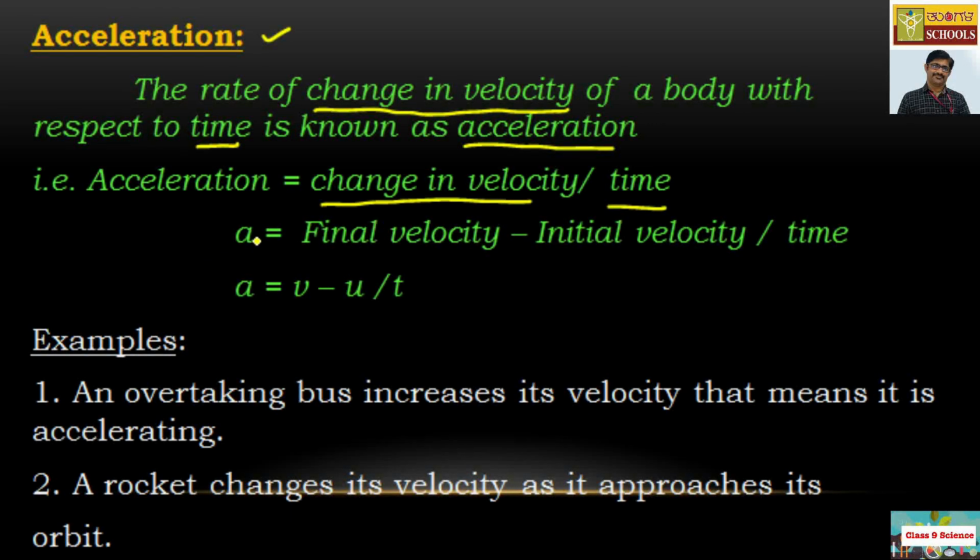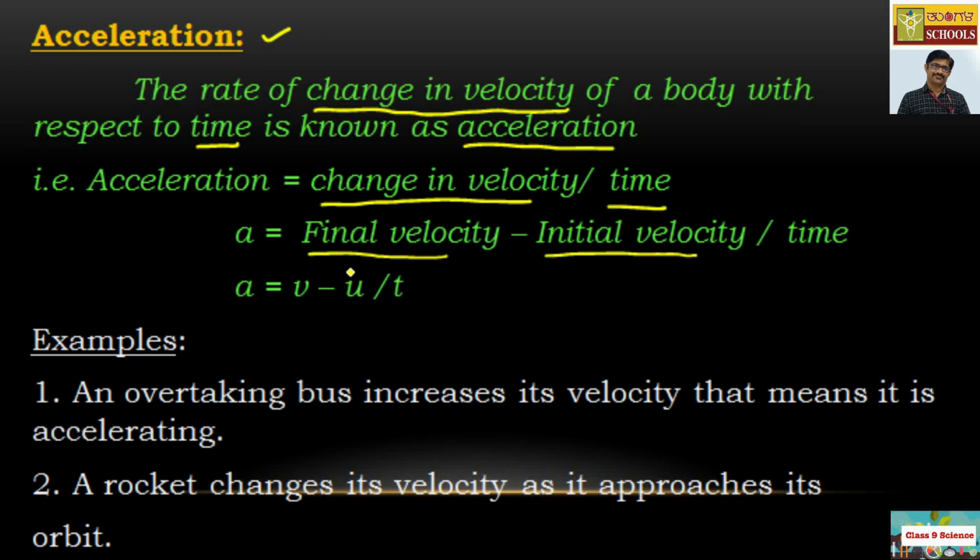It can be rewritten as: change in velocity is a must. For acceleration of a body, change in velocity of it is essential. Here, change in velocity is given by final velocity of the body minus initial velocity of the body, divided by time.